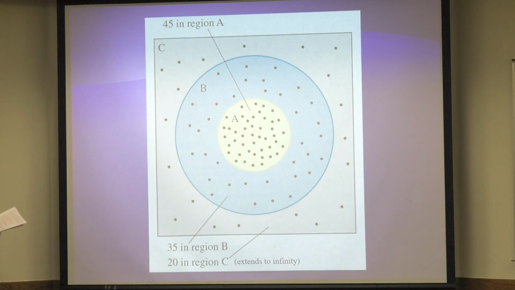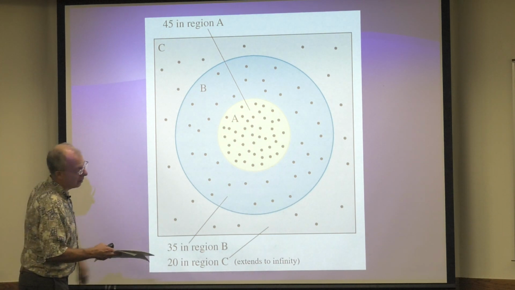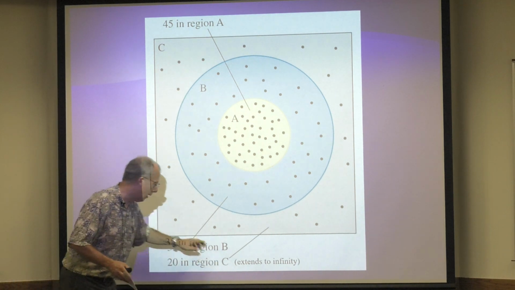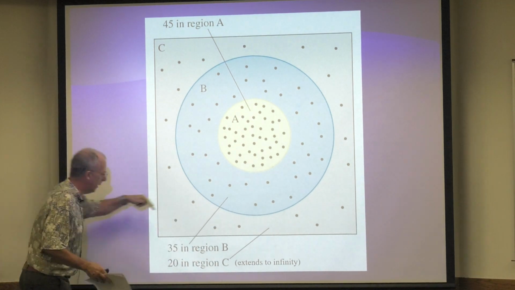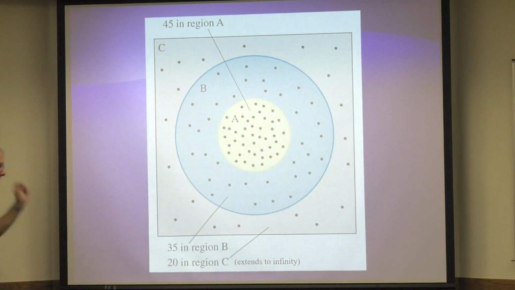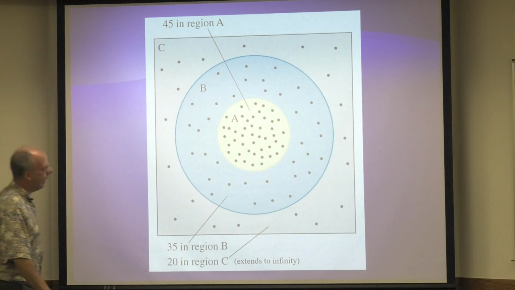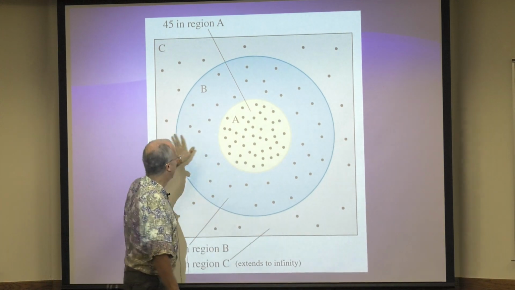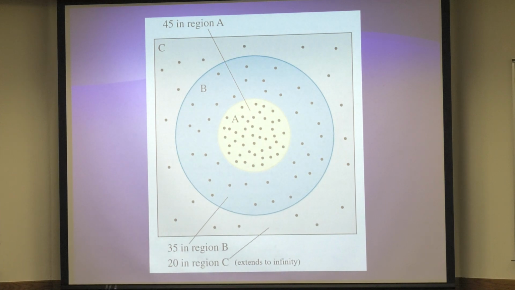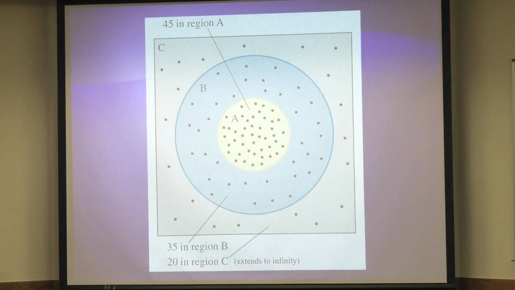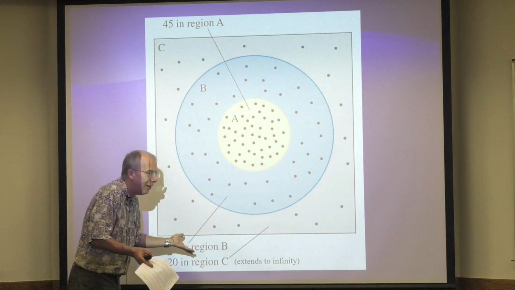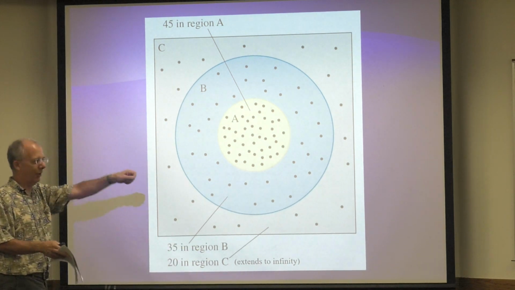What is the probability? Let's go back to this. Remember, this region C extends out to infinity. So what's the probability that when you throw a dart, it's going to land in either A, B, or C? Well, it's 100%. The dart has to land somewhere, and we're assuming you can throw properly.